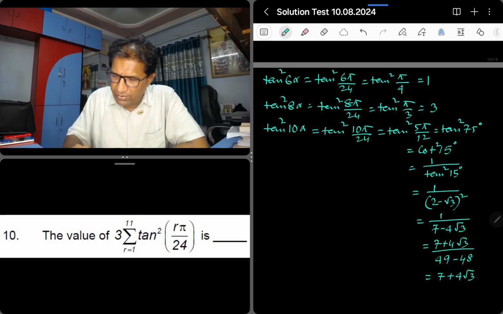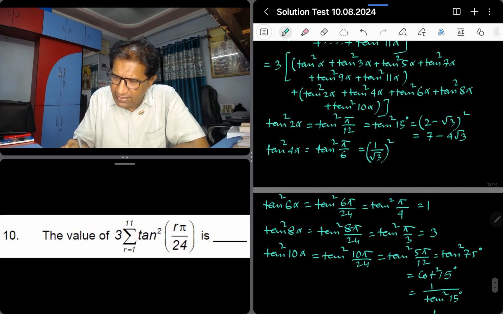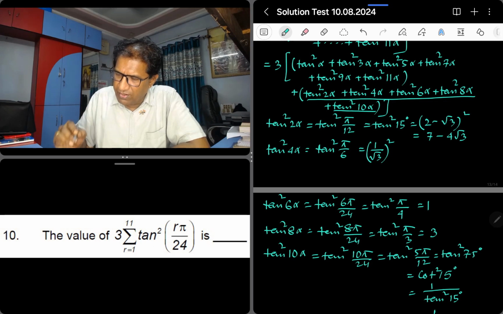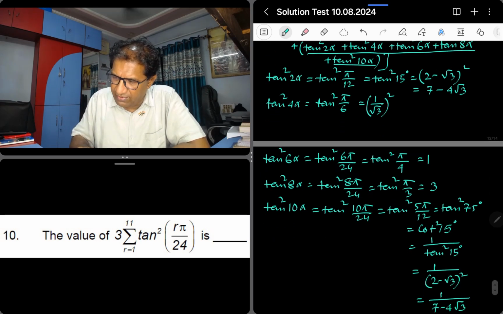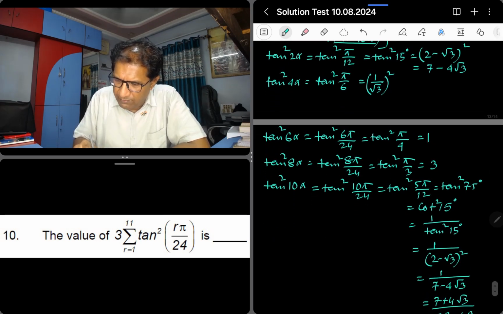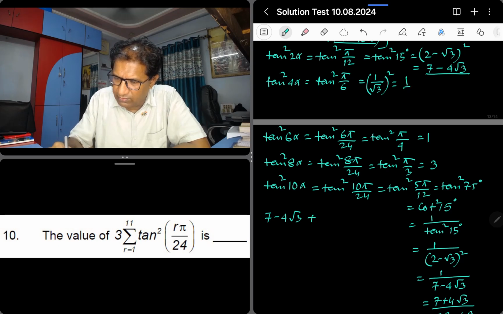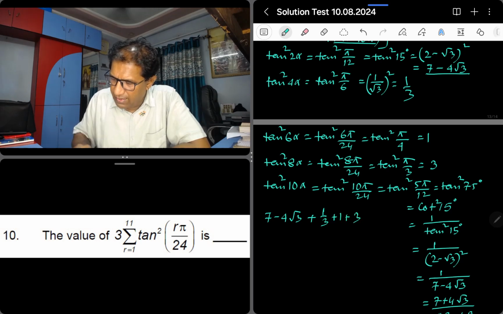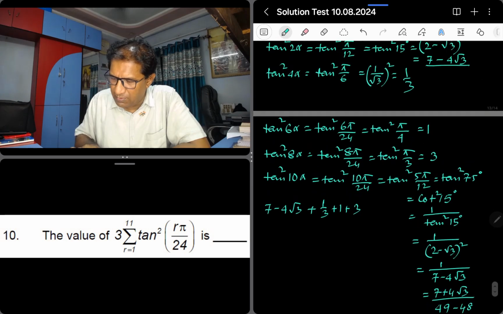Okay. So now, if I add all those terms, from here we are having 7 minus 4 root 3. This one, 7 minus 4 root 3. Plus, this is 1/3. Plus 1 plus 3, and we are having plus 7 plus 4 root 3.